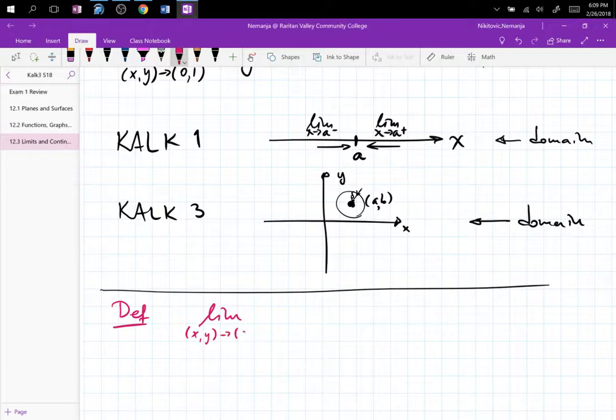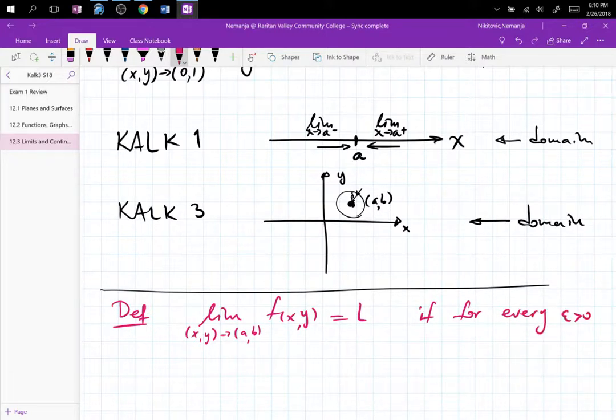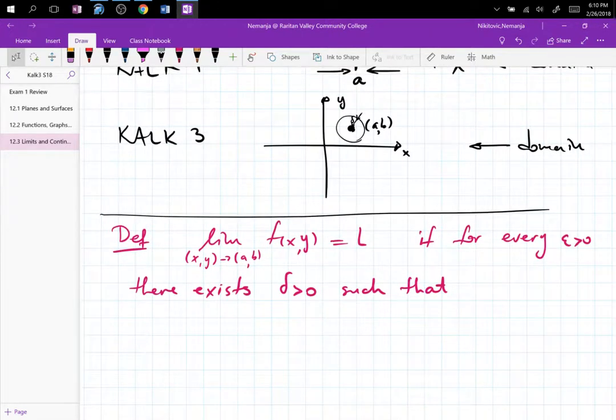So point (x, y) going to (a, b) of some function f of x, y is going to be L, if for every epsilon larger than 0, there exists delta larger than 0, such that it's the same thing like in Calc 1.